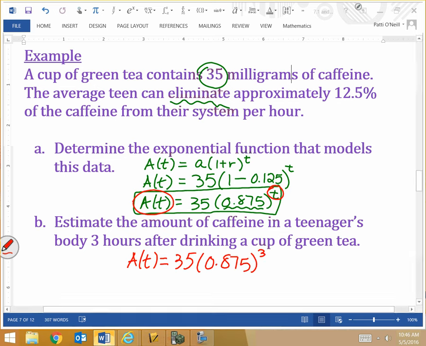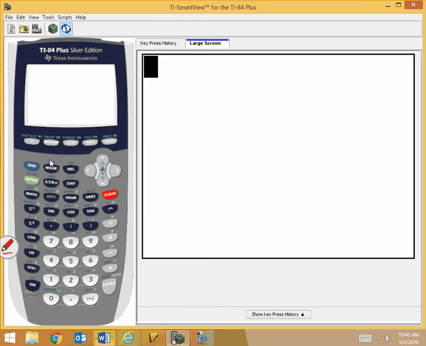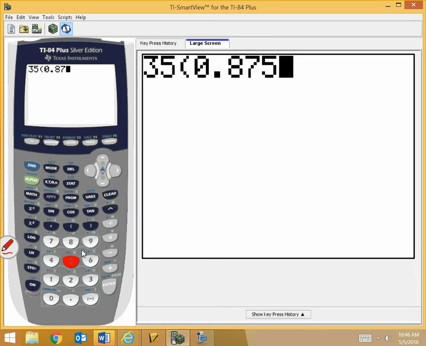And you will go to your calculator. I'll demonstrate if I can find my cursor. Here it is. I'm going to say 35 times the quantity of 0.875.